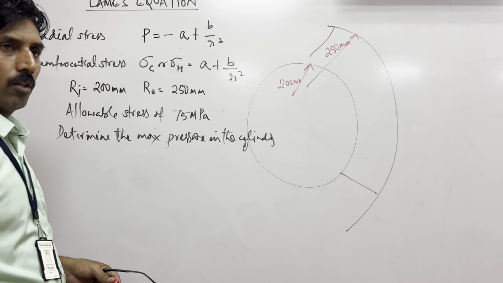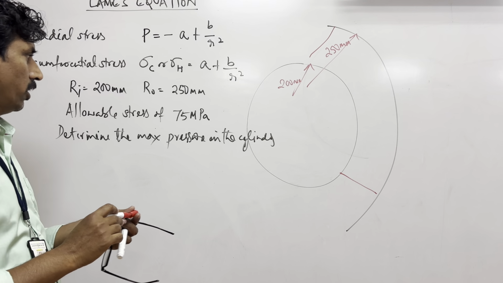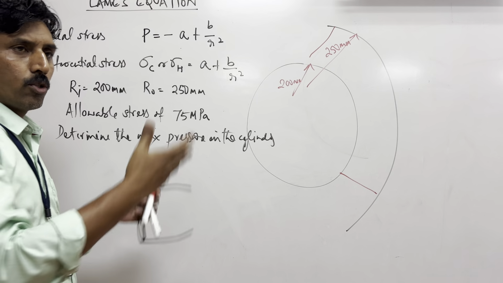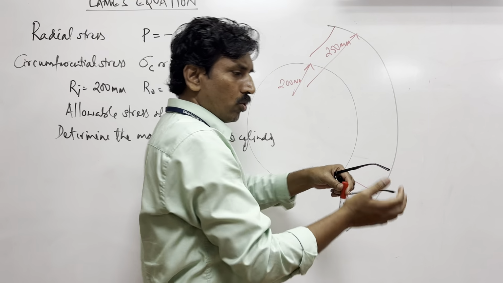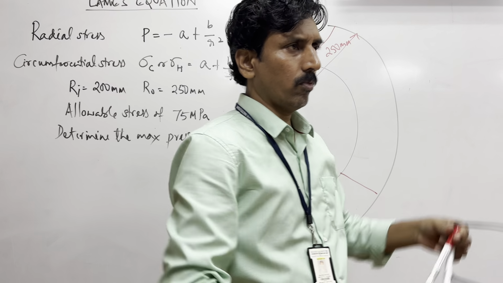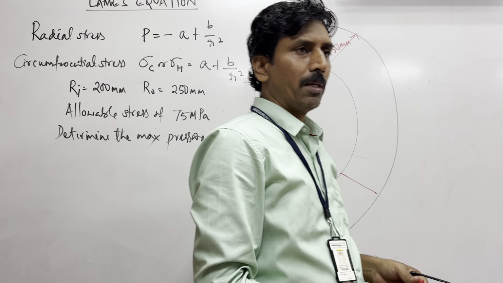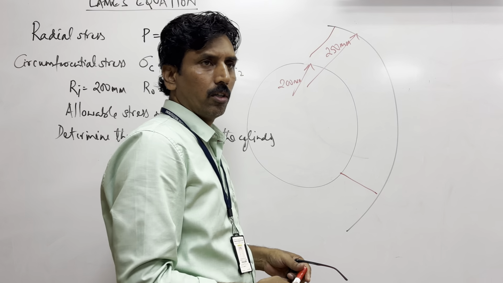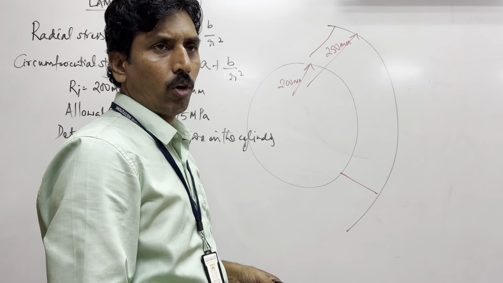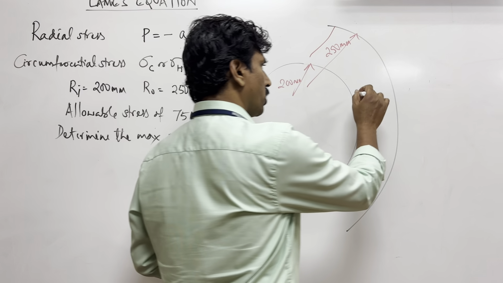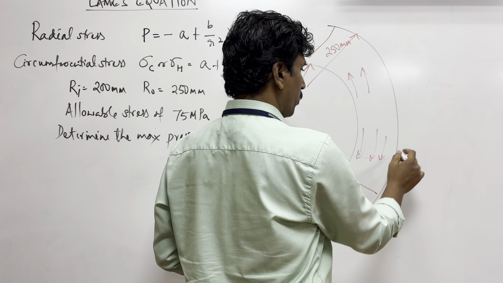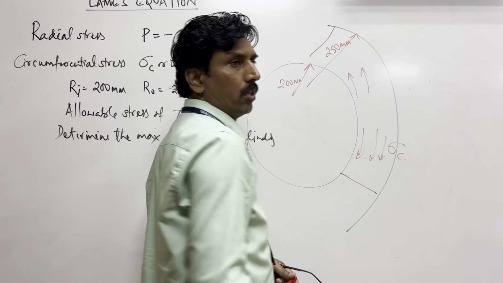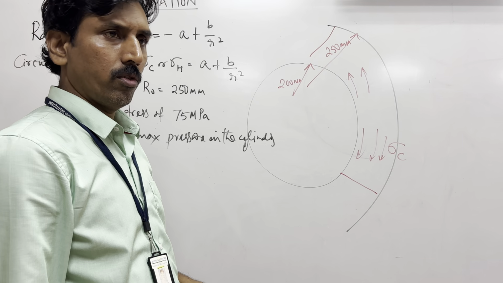And then you understand that as you start to increase the pressure, the cylinder wants to expand its volume. So basically the inside volume has to expand. When the inside volume wants to expand, the stresses which try to pull the material along the circumference like this are called circumferential stress, or the hoop stress.